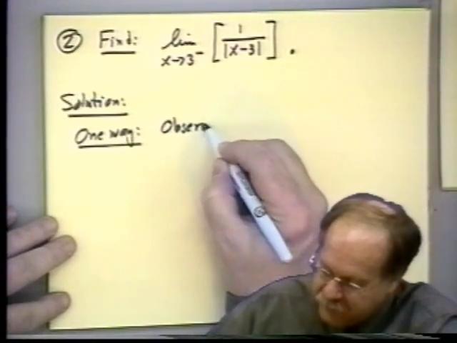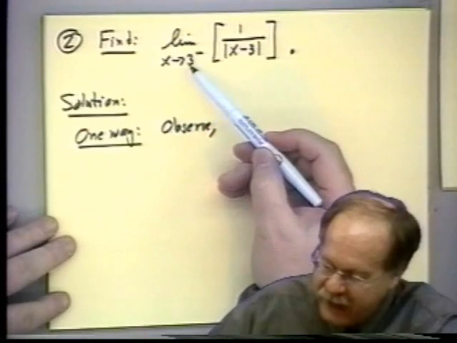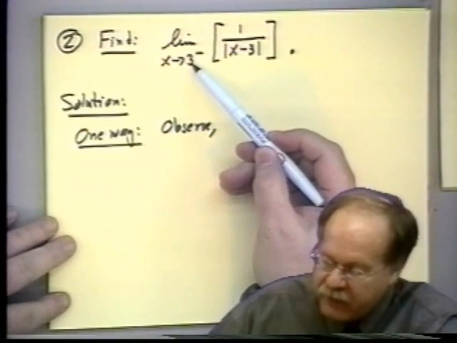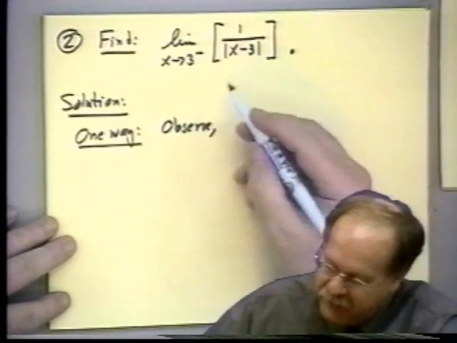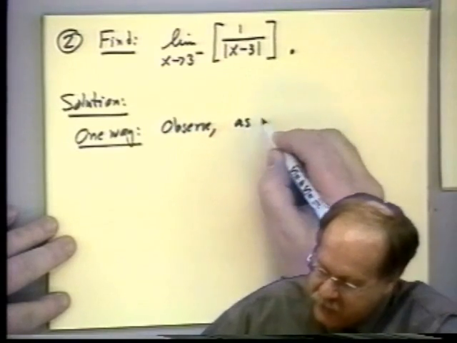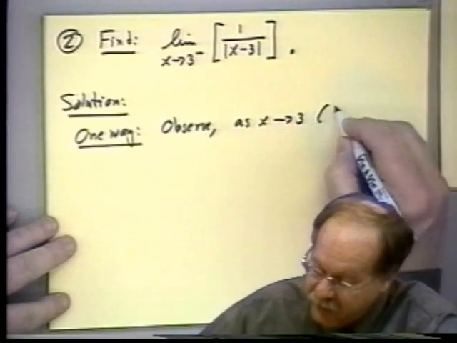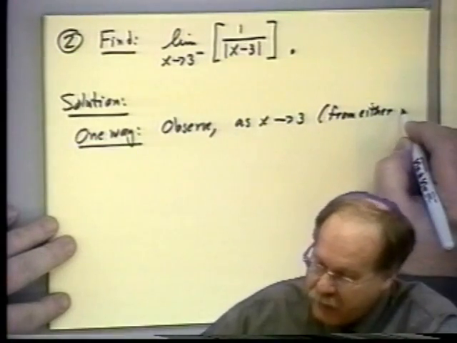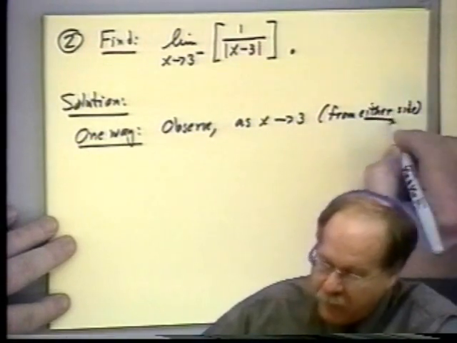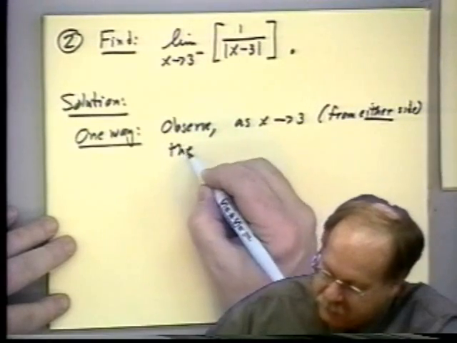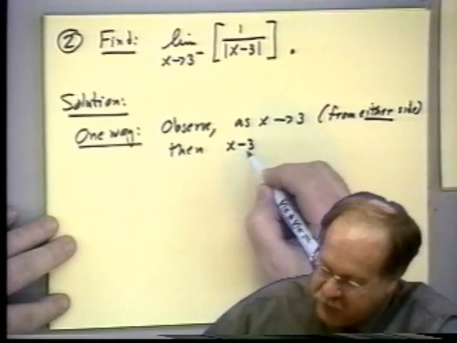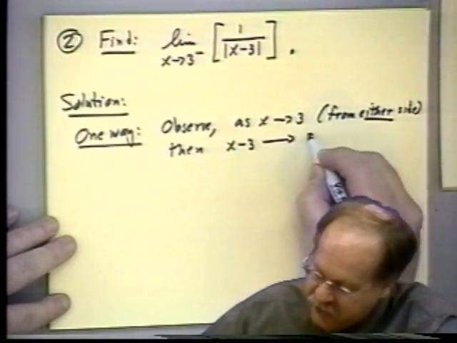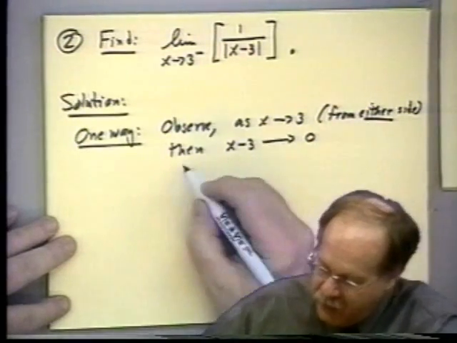Let's observe the following. X is approaching 3 from below. But let's just say as x approaches 3 from either side, that is from below or above, then the bottom, the expression x minus 3 approaches 0, of course.